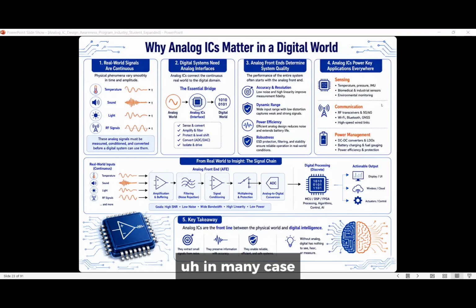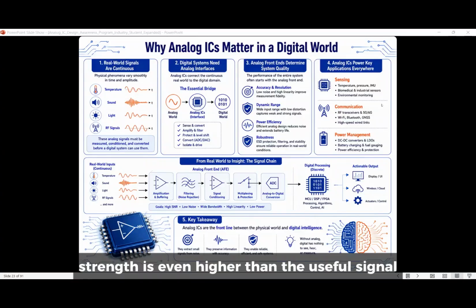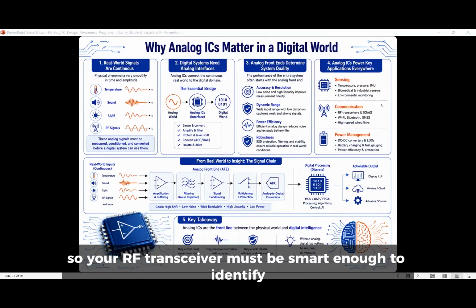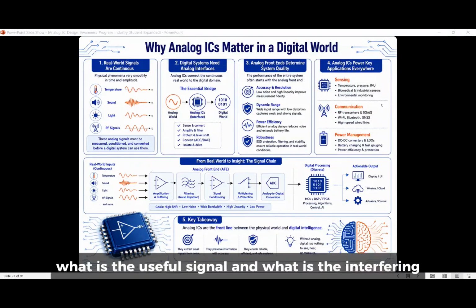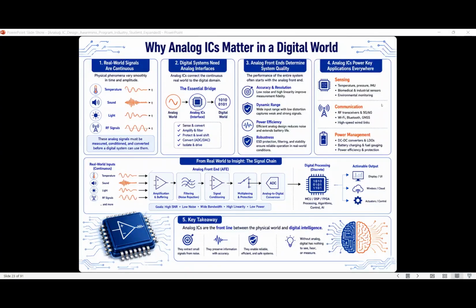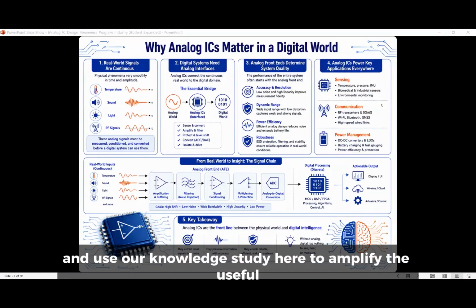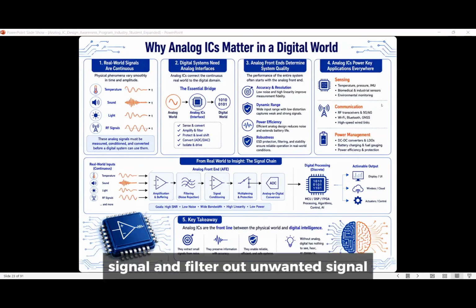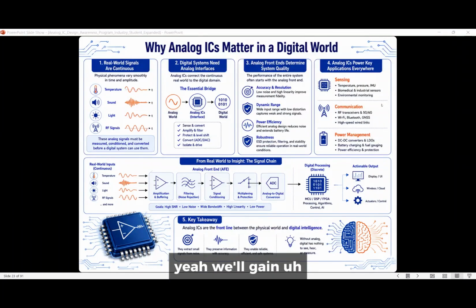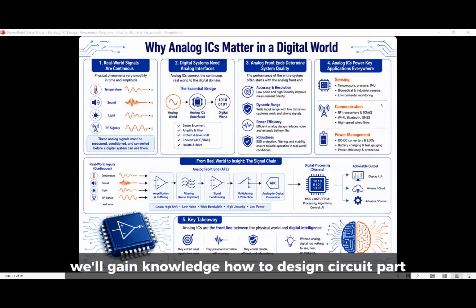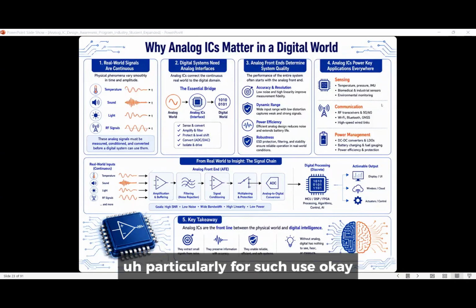So in many cases, for example, for GPS signals, the interference strength is even higher than the useful signal. So your RF transceiver must be smart enough to identify what is the useful signal and what is the interference. You must distinguish between them and use the knowledge we study here to amplify the useful signal and filter out unwanted signals. We'll gain knowledge of how to design circuits particularly for such use.